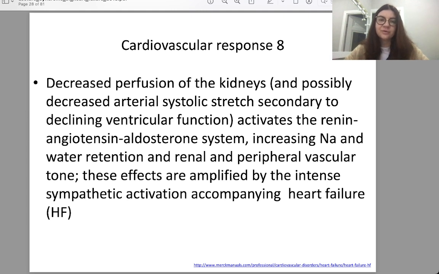Decreased perfusion of the kidneys, possibly from decreased arterial systolic pressure secondary to declining ventricular function, activates the renin-angiotensin-aldosterone system, increasing sodium and water retention and renal and peripheral vascular tone. These effects are amplified by the intense sympathetic activation accompanying heart failure.